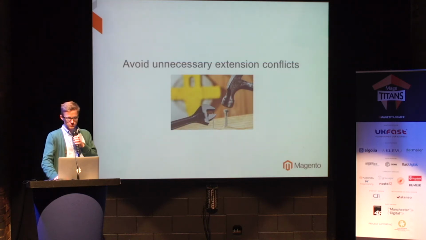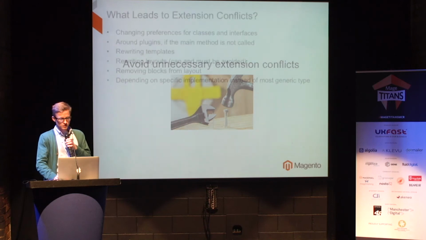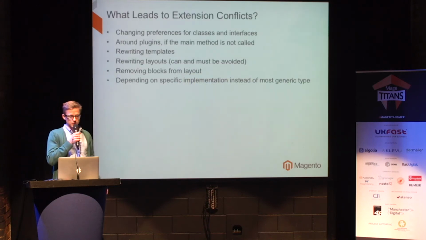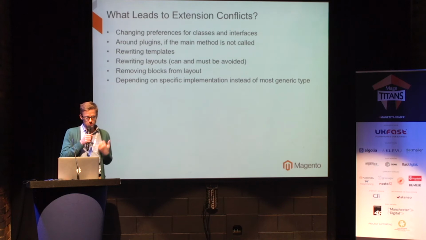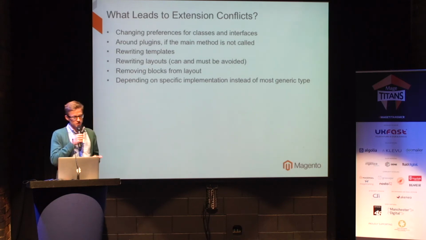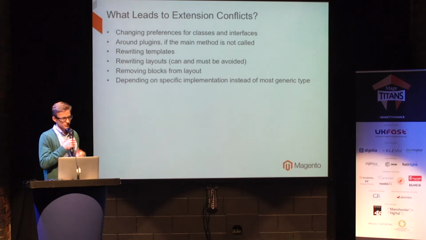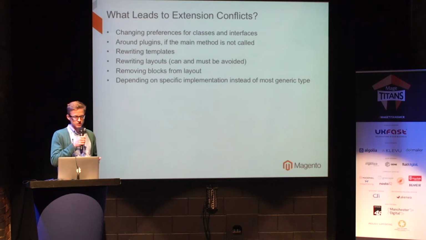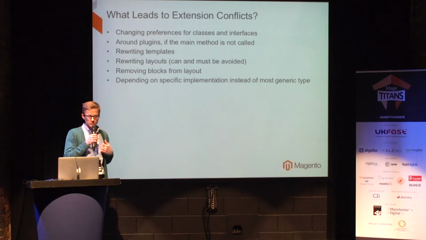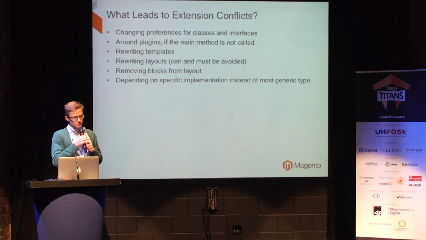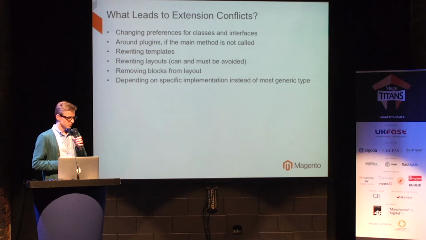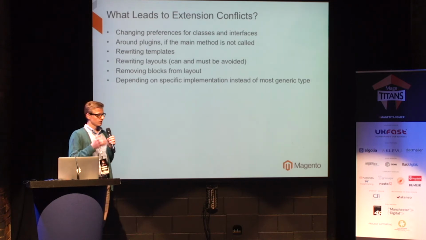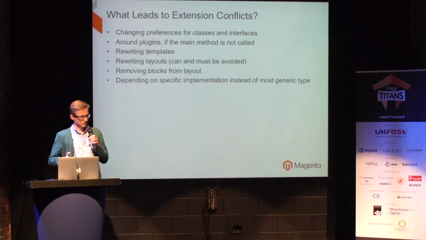Avoid unnecessary extension conflicts. So what leads to extension conflicts? Changing preferences for classes and interfaces, around plugins if the main method is not called, rewriting templates, rewriting layouts, removing blocks from layouts, and depending on a specific implementation instead of a generic type. What is important to understand here is the difference between replacing behavior and extending behavior.